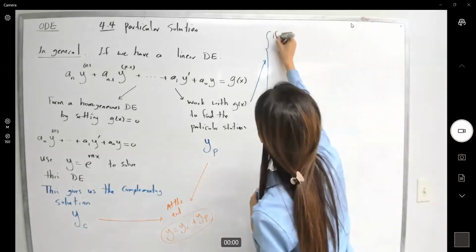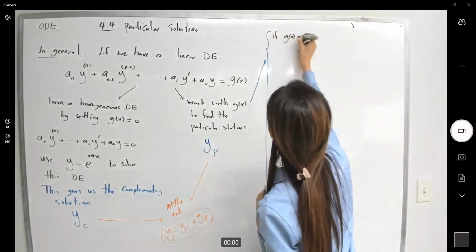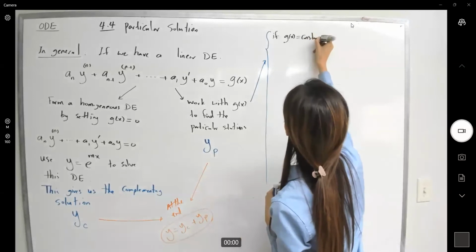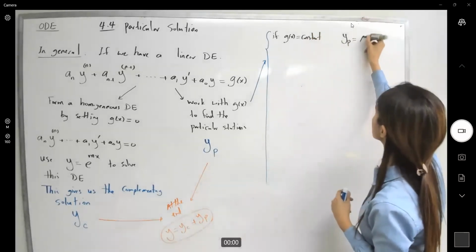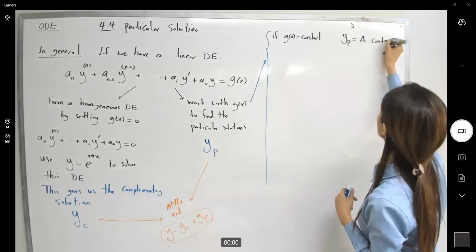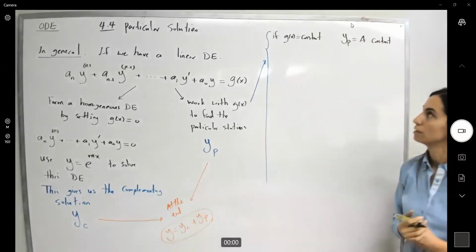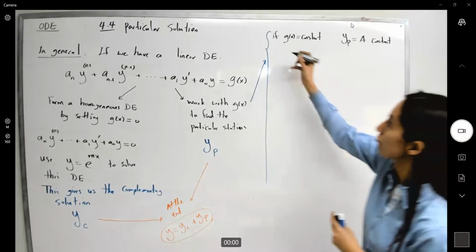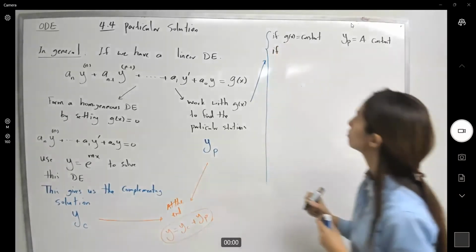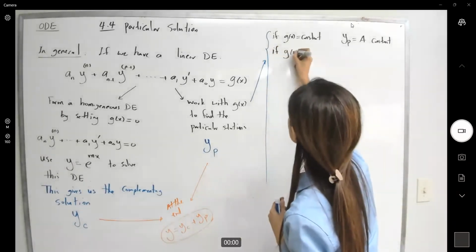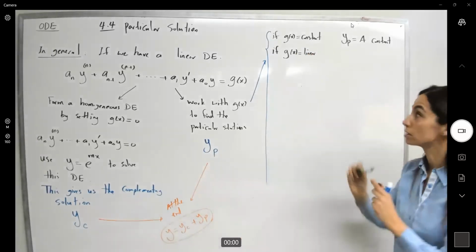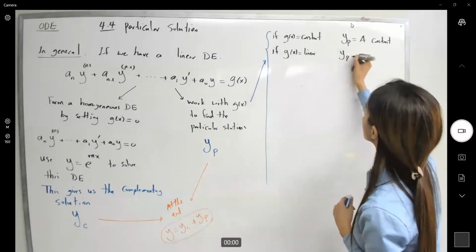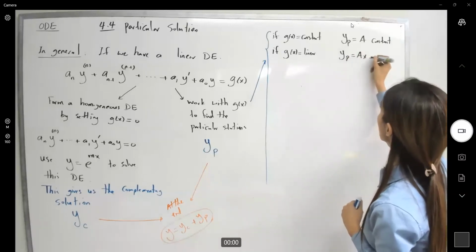If g of x is a constant, then the particular solution is a constant. If you have a differential equation and g of x is a linear expression, then the particular solution is ax plus b.